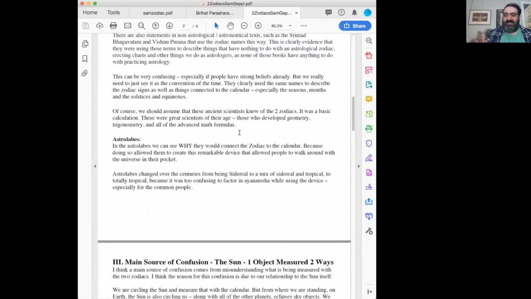I think it was a reform of Vedic astrology that later they added Ashwini and Aries together, and before that, it was the precession of equinoxes which made Kritika the first nakshatra.